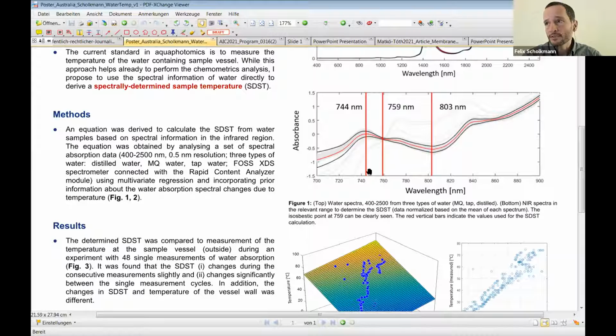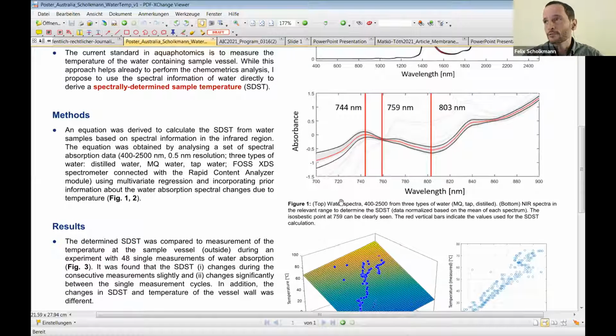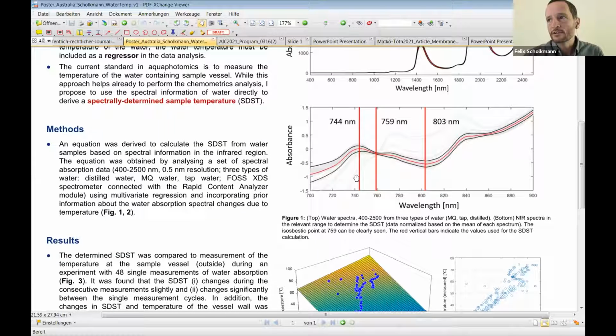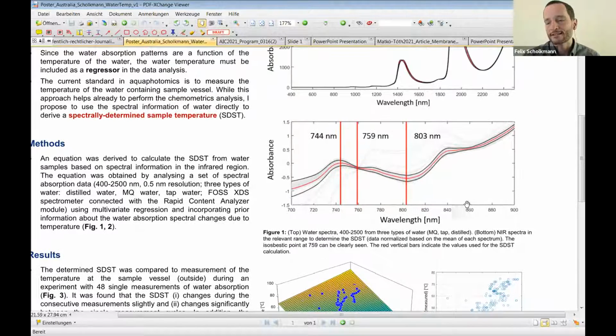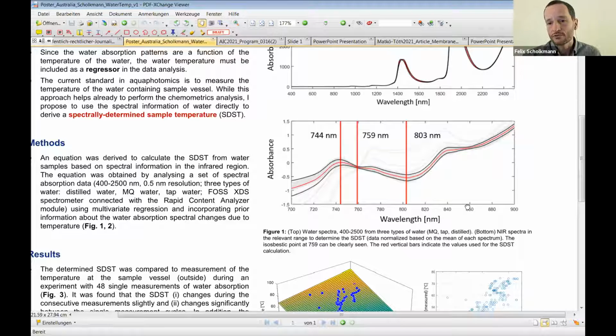I tried to figure out which regions of the water spectrum are most disturbed or changed by the temperature. Based on my analysis, I could show that especially three regions are important. I found out that the 744 nanometer, the 759 nanometer, and the 803 nanometer region is important to determine the temperature of the water.